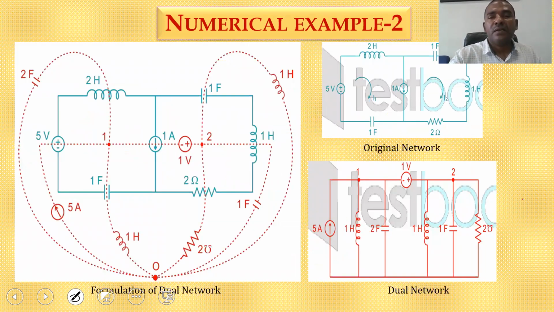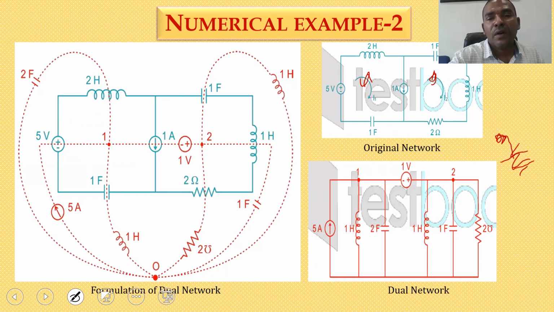Here, two capacitors, one voltage source, one current source, two inductors, and one resistor are there. Two loops are there, so we have to go for 2 plus 1 nodes, and the outer node must be taken as the reference.